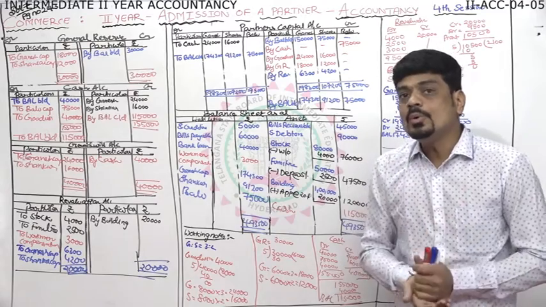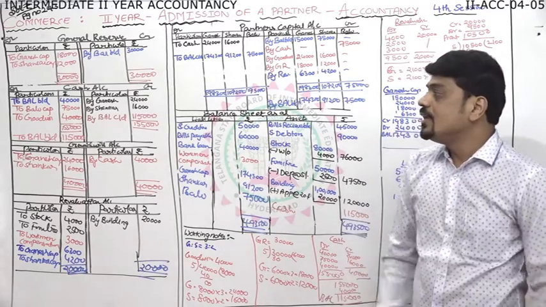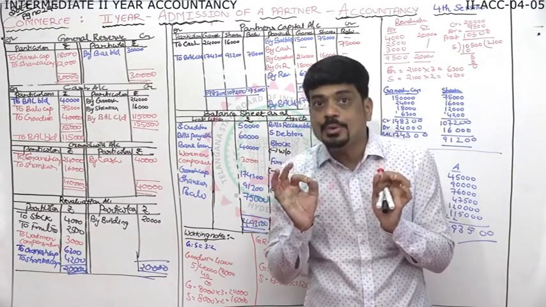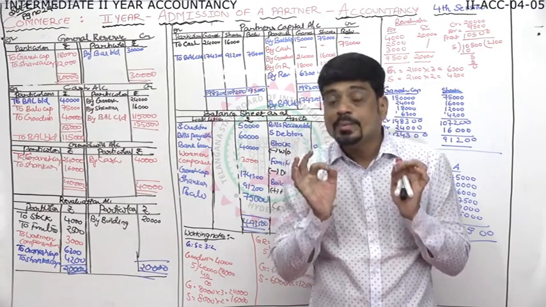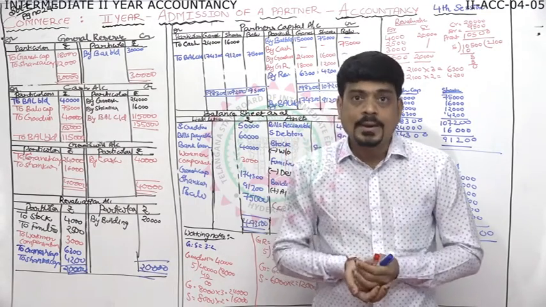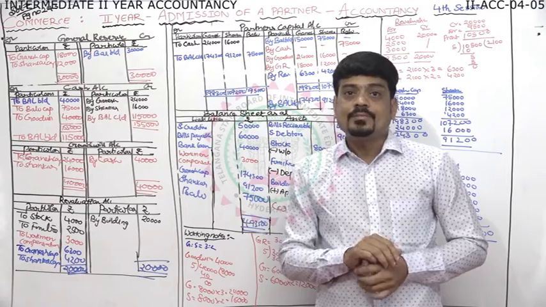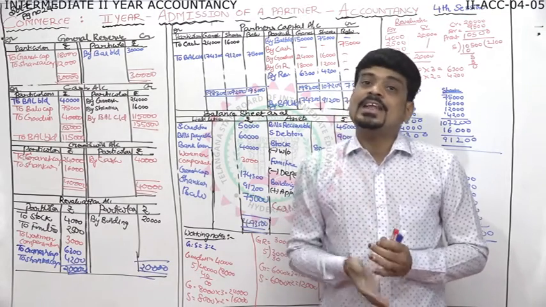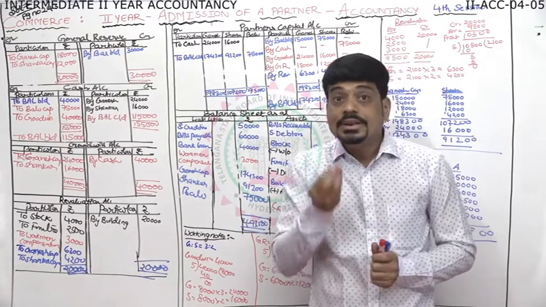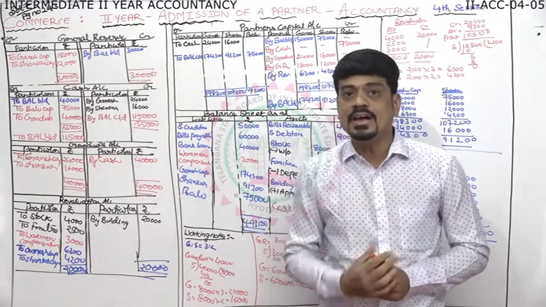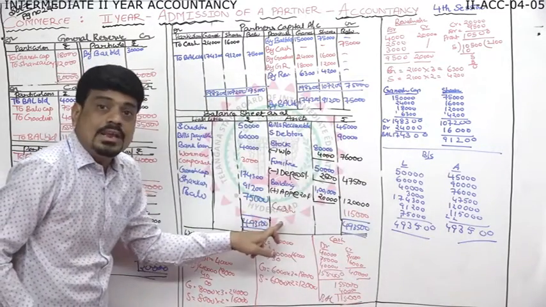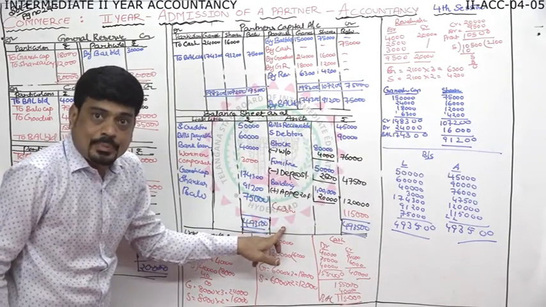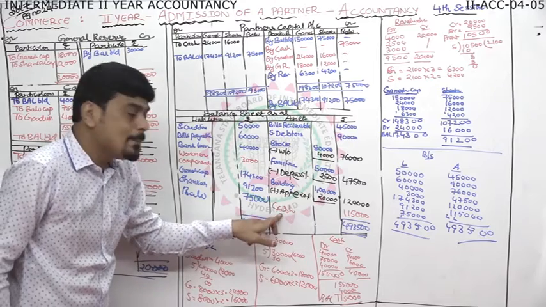So, whenever the new partner is not able to bring goodwill, we'll value the goodwill. That valued goodwill will be distributed among the old partners. One effect. It should be distributed among old partners. And second, as it is an intangible asset, dear, we are going to show that goodwill in the balance sheet.